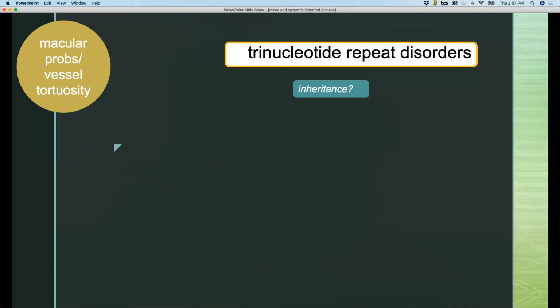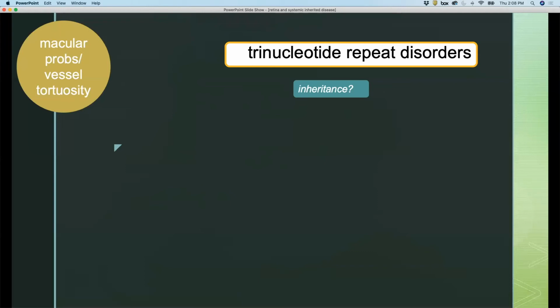Oh, yes. And you have a thin corpus callosum or something. And yeah, so in Huntington's disease, you have these CAGs that expand as they're passed down. And the more CAGs, the younger you're going to get the symptoms of Huntington's disease.